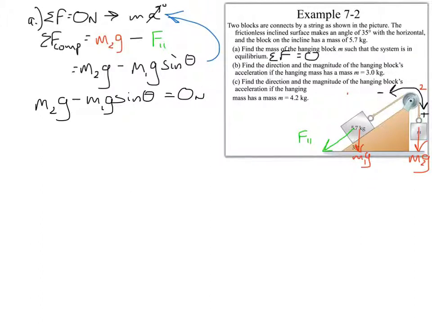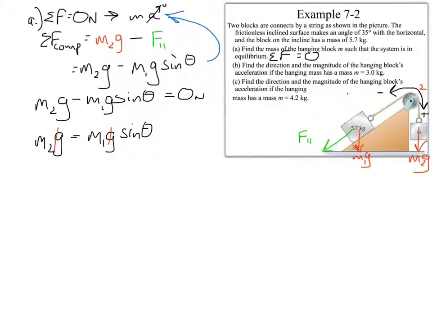All right, well, that's going to be easy, so let's solve for our mass 2 times gravity. Mass 2 gravity equals m1 g sine theta. What can we do right here? Well, we can certainly solve for mass 2, but one way to make it easier is to cancel out our g's, because they're on both sides.